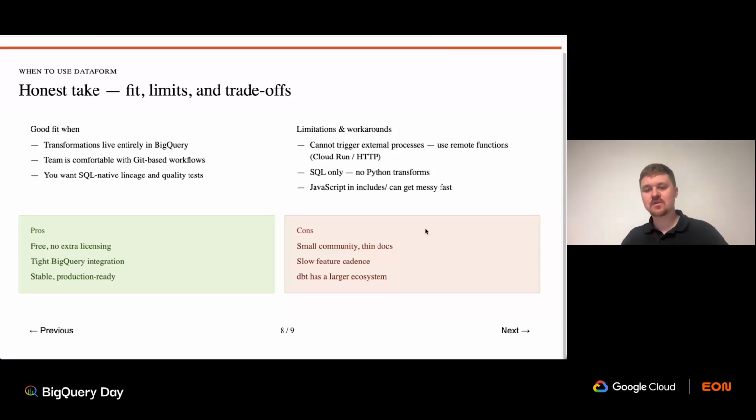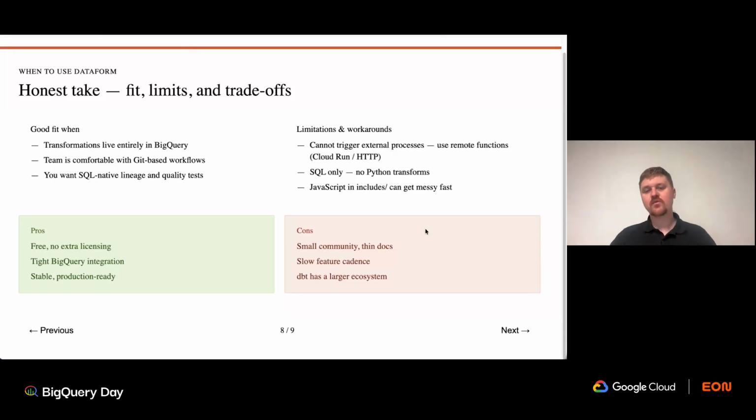The feature cadence is not as fast as it is for dbt or SQLMesh or something like that. It's clear that those platforms might have a larger ecosystem, whereas we would rely on this JavaScript logic, which, of course, is suddenly easier to write with AI tools.